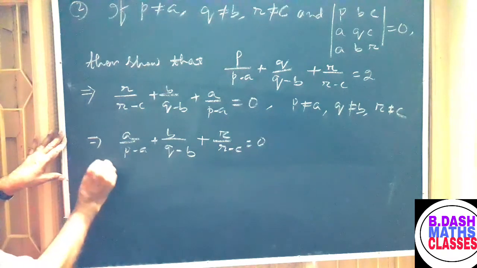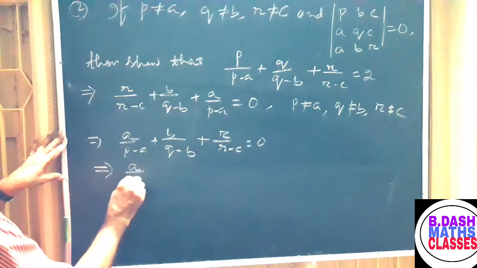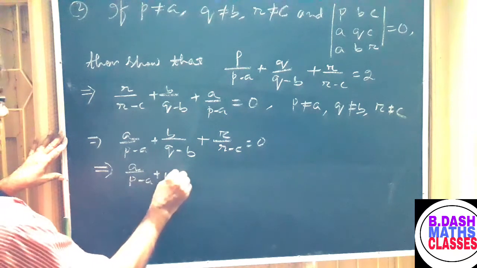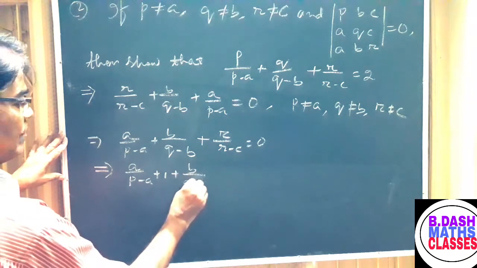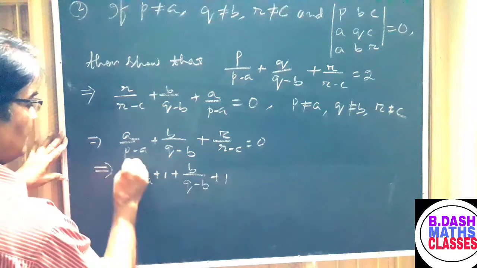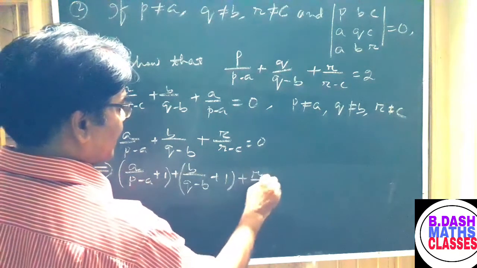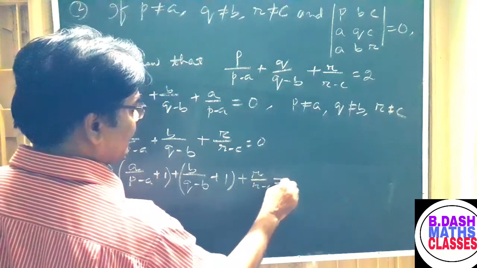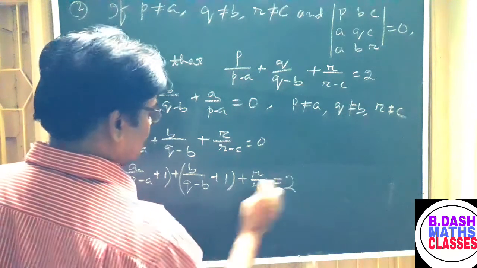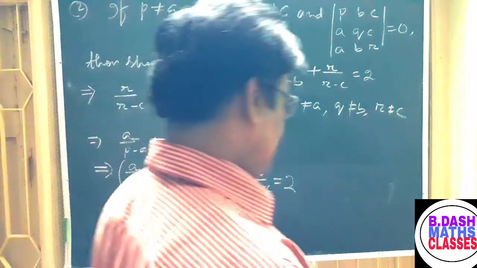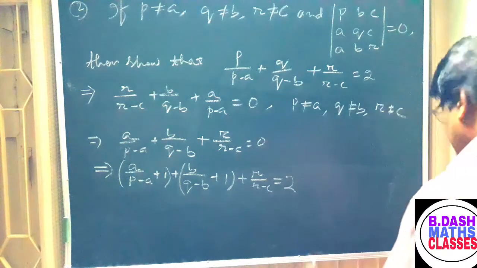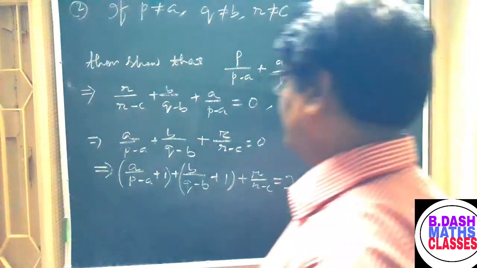So now this implies A by P minus A plus 1, B by Q minus B plus 1, R by R minus C is equal to 2, because we have added 1, 1 on the left hand side.